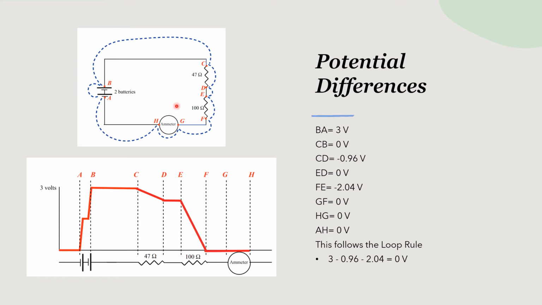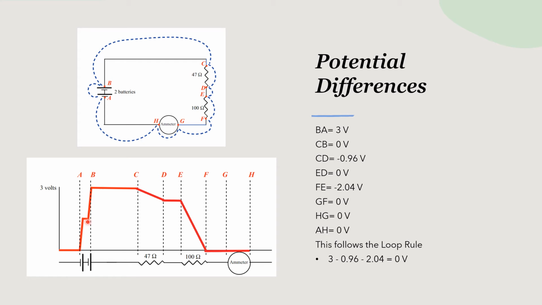Potential differences. So we calculated the potential difference across the battery to be 3 volts, across this wire to be 0, across the 47 ohm resistor to be negative 0.96 volts, across this little short wire to be 0, across the 100 ohm resistor to be negative 2.04 volts, and across the wire and ammeter in this wire to be 0 volts.